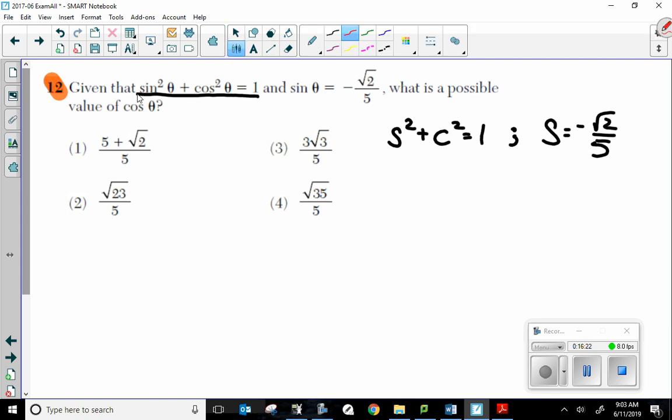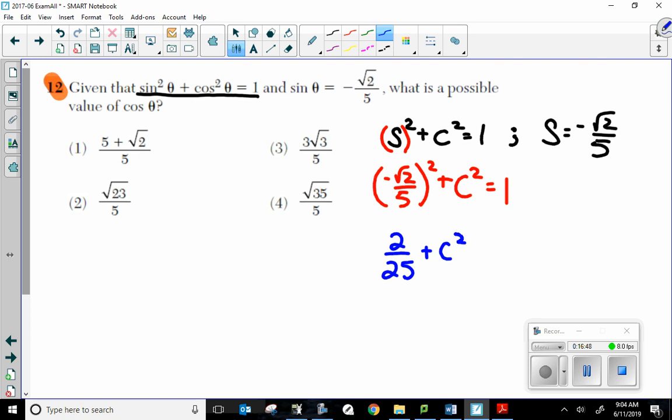You don't have to figure out like the cosine of degrees. You're not finding out. You're just simply plugging in values and solving. Okay. Now, they don't give me sine squared. They just give me sine. So negative radical 2 over 5 squared plus c squared equals 1. Okay. Well, if I square a fraction, I square the top and the bottom. So I get 2 over 25 plus c squared equals 1.